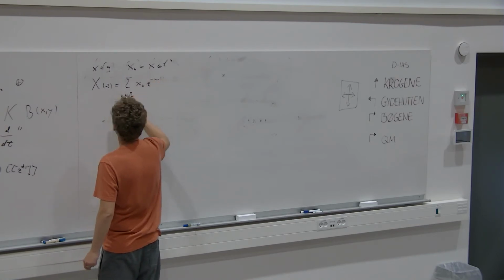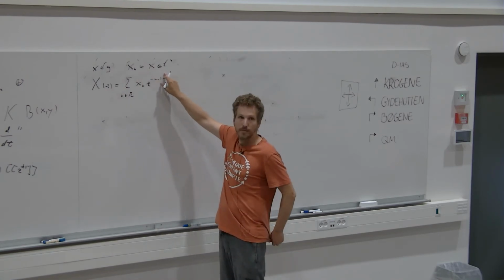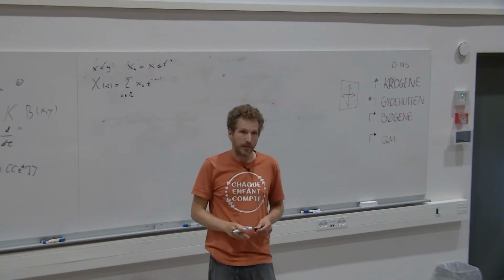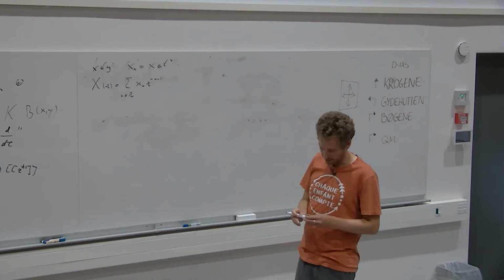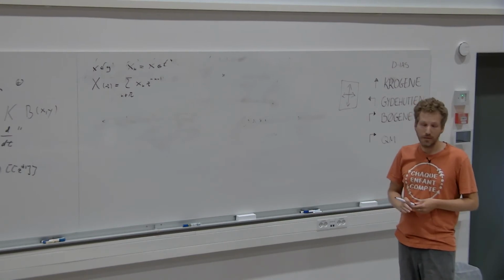Right, so you fix the element in G, that gives you an infinite set of these modes and the corresponding field. It's just a formal series, and now we need to understand how we can take products of those.